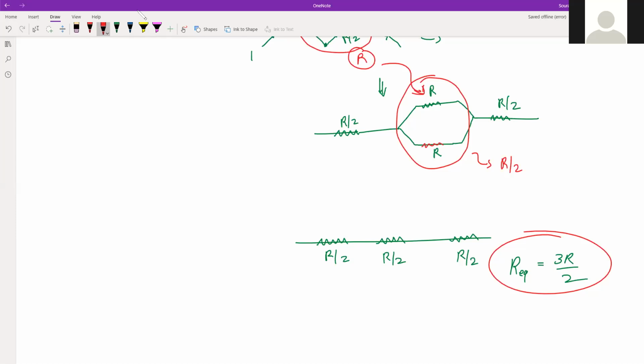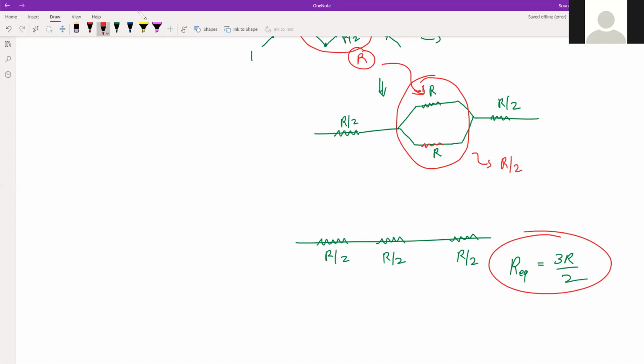You have to identify the parallel axis, you have to identify the perpendicular axis, you have to fold it along the parallel axis, then you find the points having equal potential, and the resistors connected between equipotential points will be the resistors in parallel.